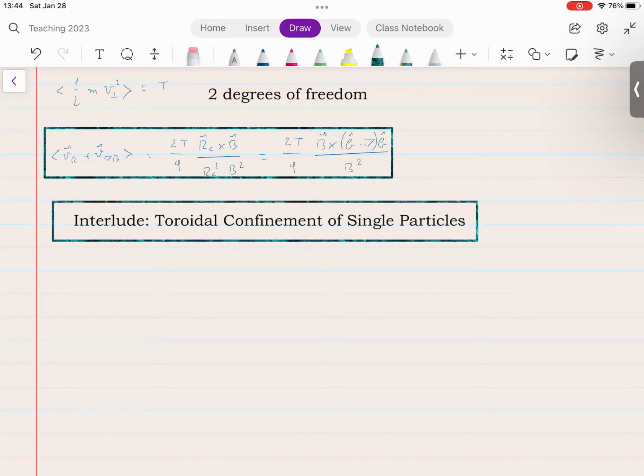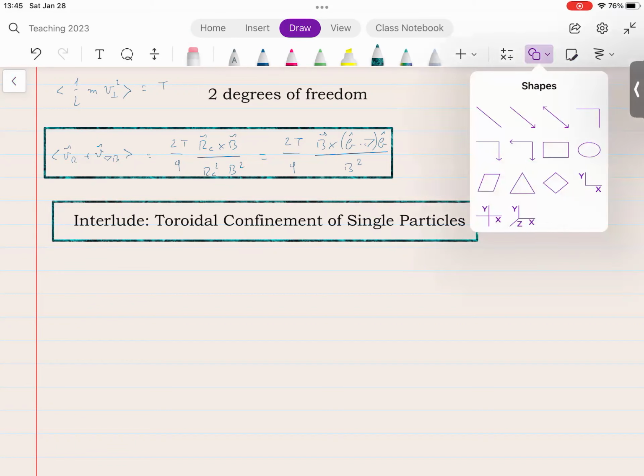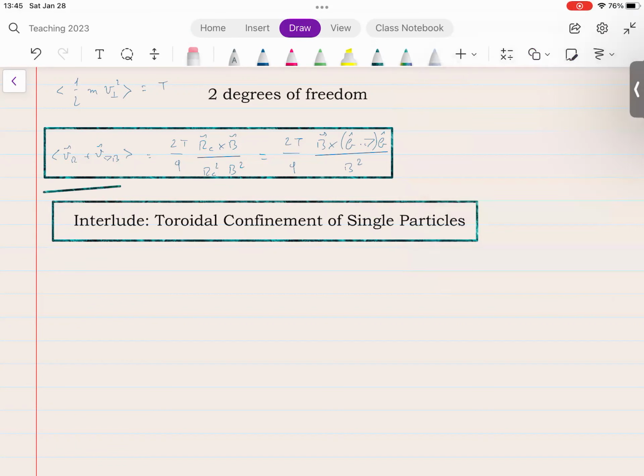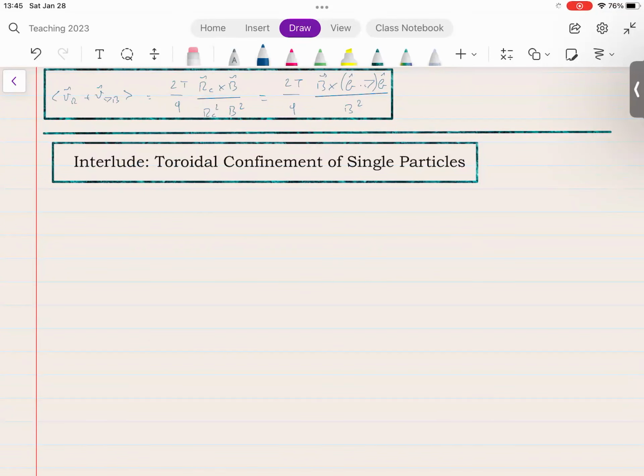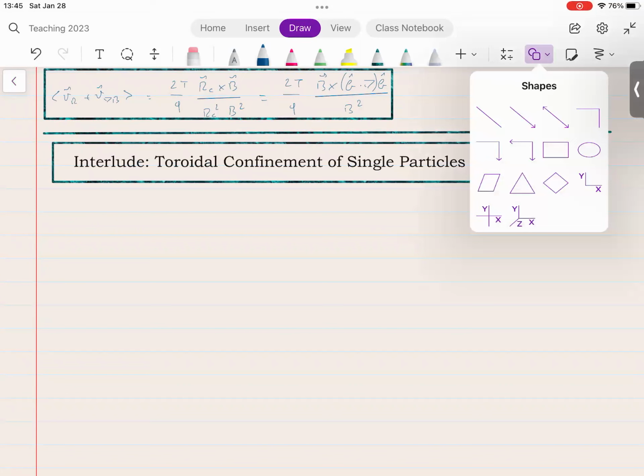Let me also make a bit of a division here. Now, this is going to be challenging because I have to do a bit of a plot, but let's cheat a little bit.